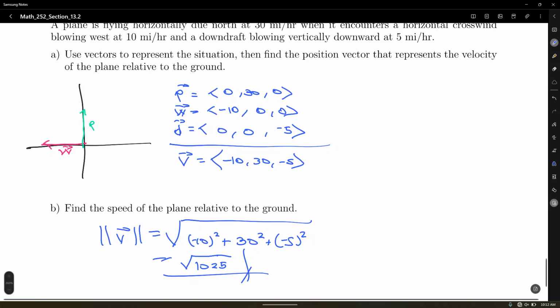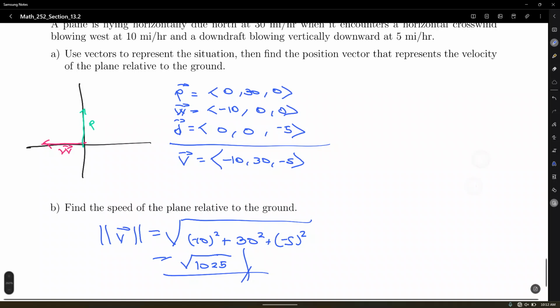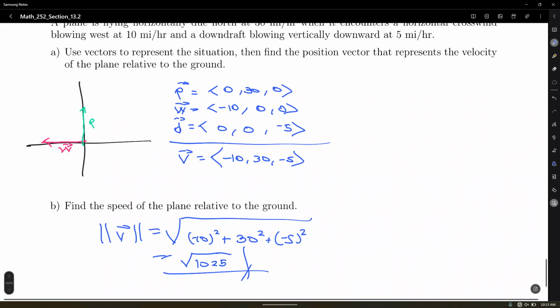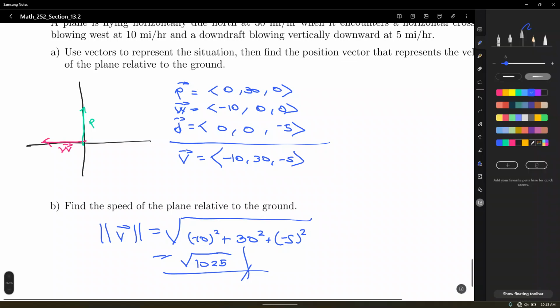Now, I would like to notice that in this case I went very easy with the wind vector and also the plane vector, because the plane is going to the north and the wind is going to the west. But what if? Side note.